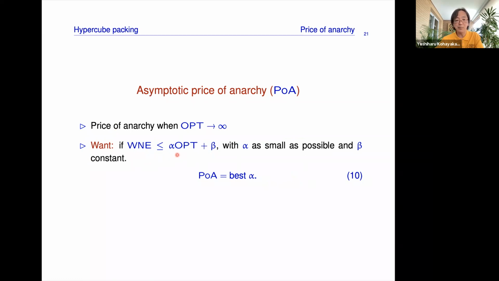And again you have the same expression: alpha times the optimum plus some beta, which is some constant. Again, we want to get rid of small instances. And we call the price of anarchy of this game the best alpha that you can achieve in this inequality. So this is the price of anarchy of this game.